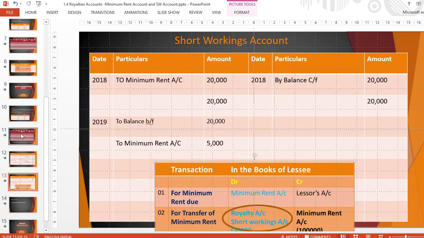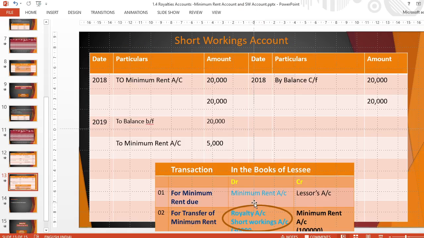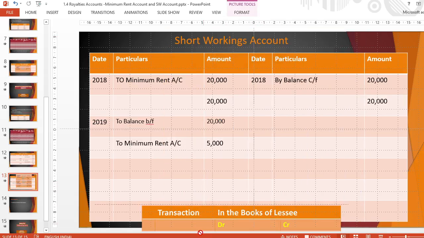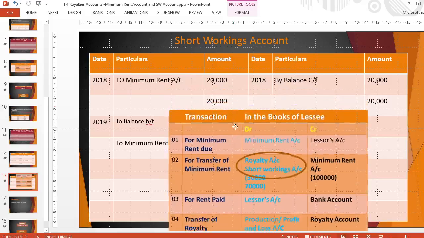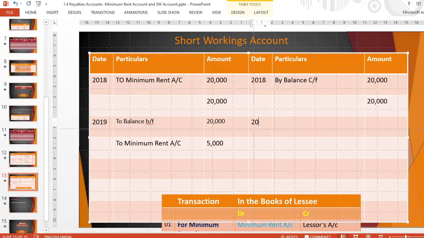Here fresh short working is 5,000. And again I should check for recoupment or written off. There is no recoupment for this year, and for written off we have an entry. So we have written off 20,000. For written off, the journal entry is profit and loss account debits to short workings account. So short workings account is credited.